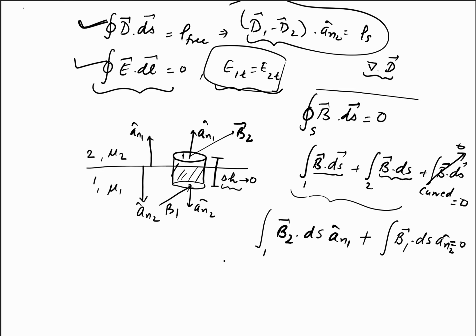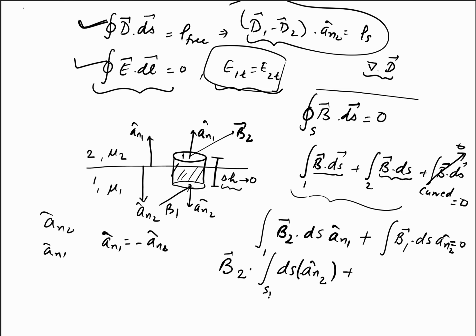Since these surfaces are very small, I can take B2 outside. Now you can see that an2 and an1 are opposite in direction, so I can write an1 is equal to minus an2. So I will put dS an2 with a minus sign plus the integral over surface 2.